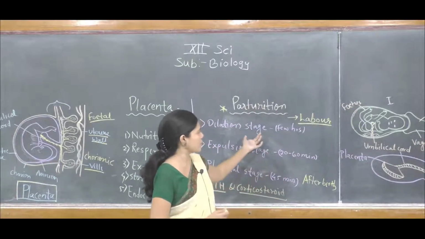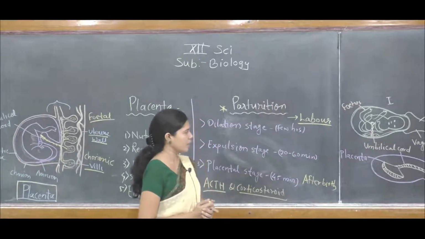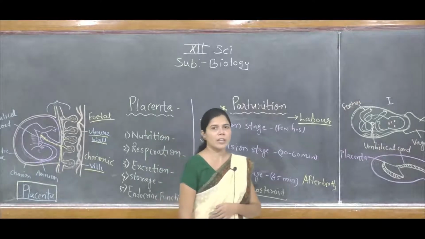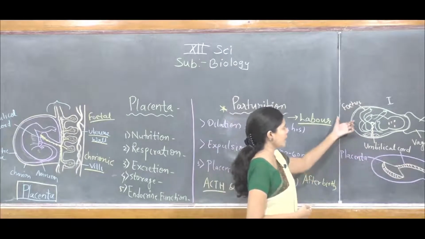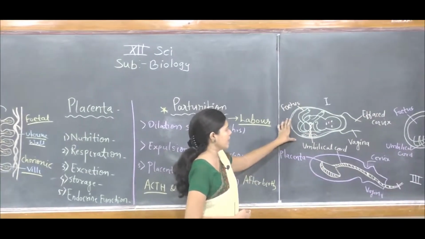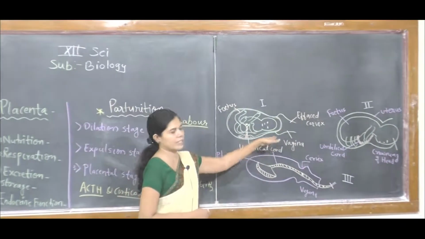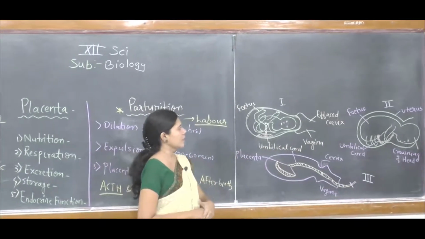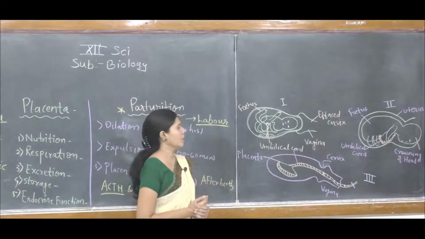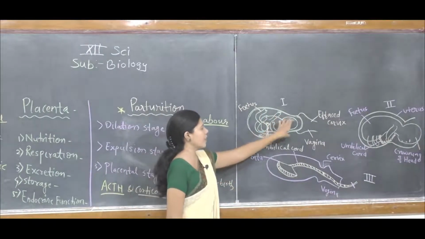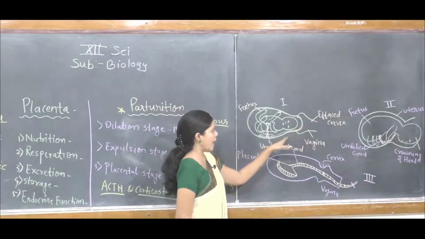The duration of this stage is a few hours, two to four or six hours, in which the contraction of the uterus, the myometrium wall, starts, and the fetus gives a signal for the contraction and is pushed towards the cervix. In this stage the cervix and the vagina dilate, and the fully mature baby moves towards the cervix.